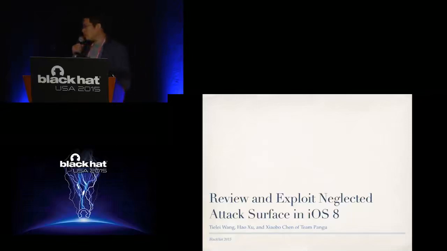Okay, so I guess all the guys who come here are interested in iOS security. In fact, in the past few years, a lot of security researchers have already researched the security of iOS, and a lot of attack surface is already exposed.